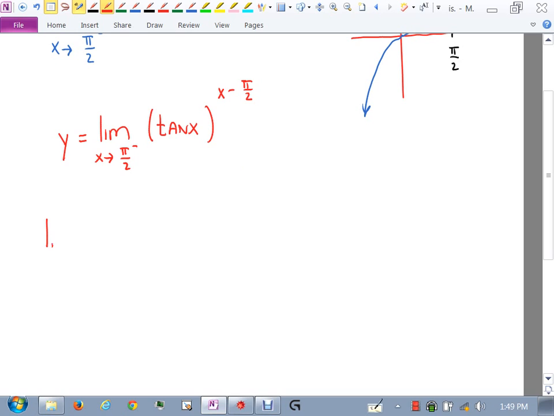Natural log. I'm going to drop that exponent out in front of the natural log. Since the exponent has two terms in it, I need to put those two terms in parentheses, and that, of course, is multiplication between those.